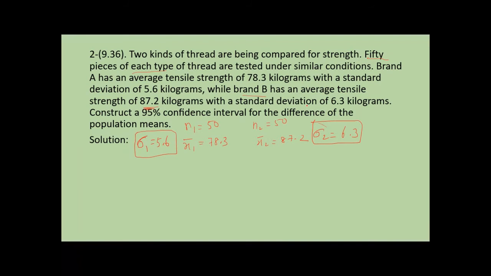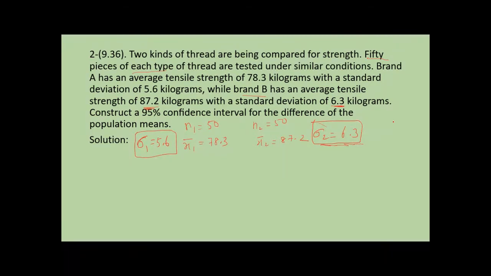The standard deviation 6.3 is given here. Now again we have to use the same formula and the same method repeats, isn't it? Because there are two different standard deviations which are known, the same formula we have to use.